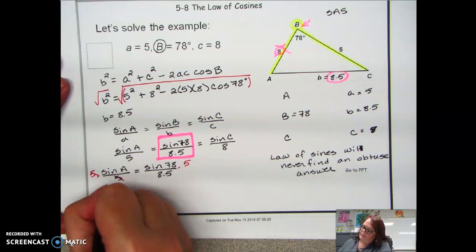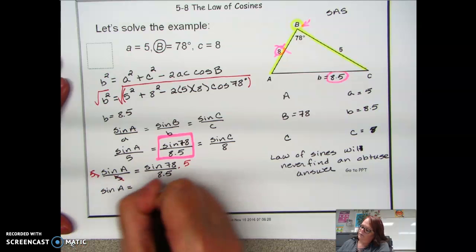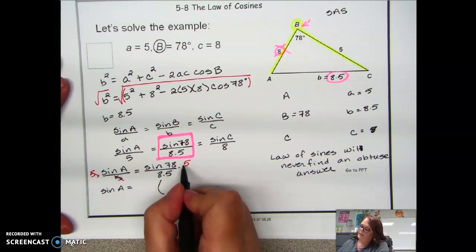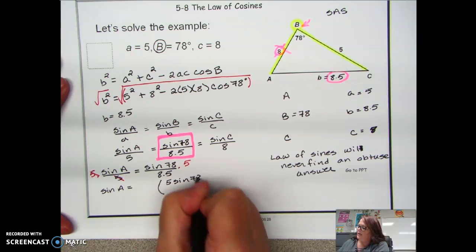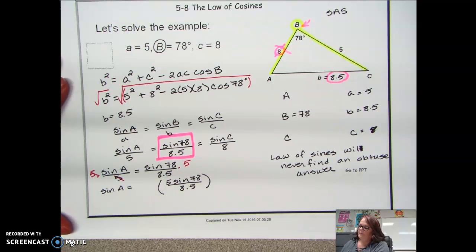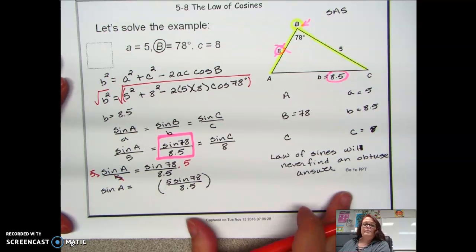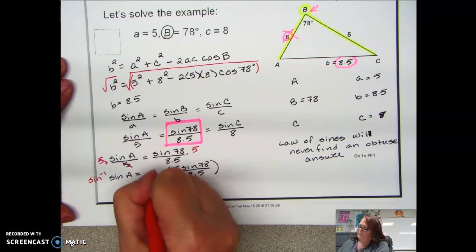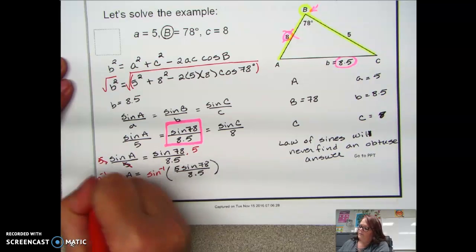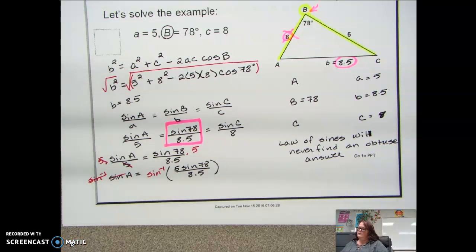And so I have that the sine of A is equal to 5 times the sine of 78 all over 8.5. Then remember, to get rid of sine, we would take the inverse sine. So this cancels with this.